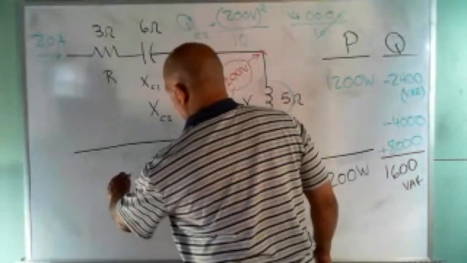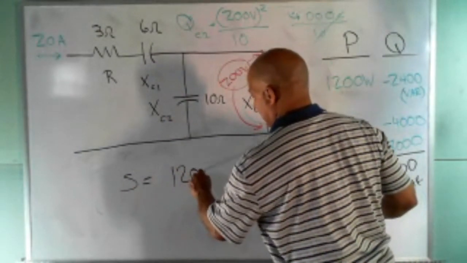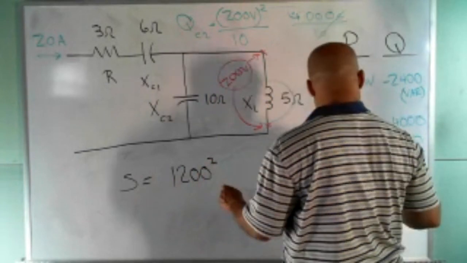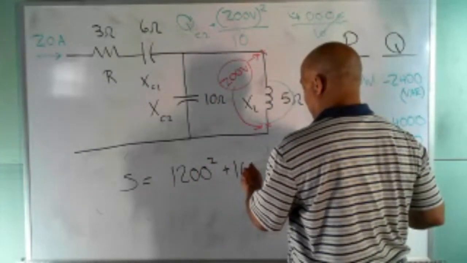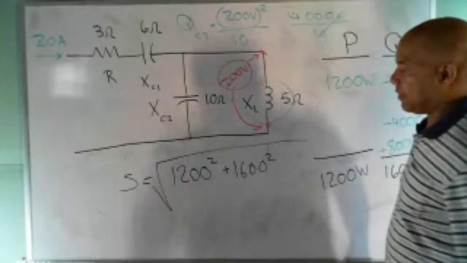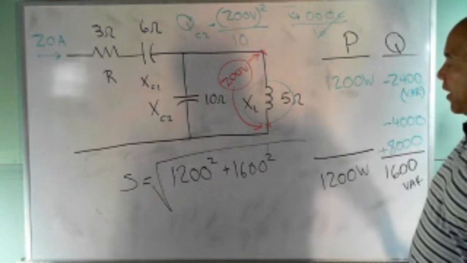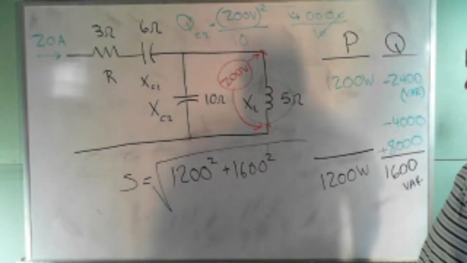All right, so S equals, what do we got? 1,200 squared plus 1,600 squared. And you guys should be putting the units in there, but that's like me telling you not to smoke and I'm blowing cigarette smoke in your face. I should practice what I preach.